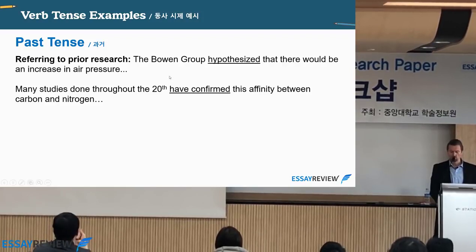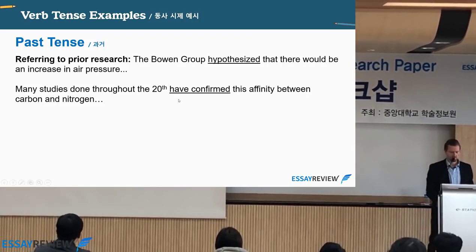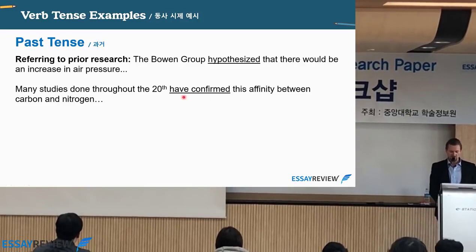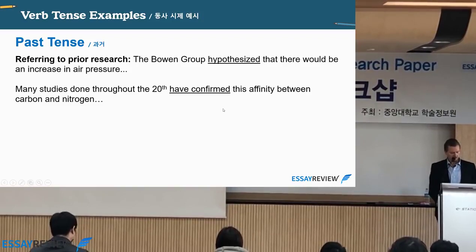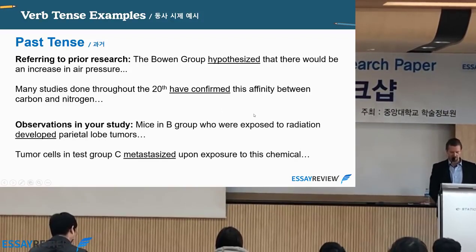With MLA, you will use present tense when discussing other works. "Many studies done throughout the 20th century have confirmed this affinity between carbon and nitrogen." Right? Studies have confirmed. Observations: "Tumor cells metastasized upon exposure to this chemical." I think we need to edit this, which is ironic.